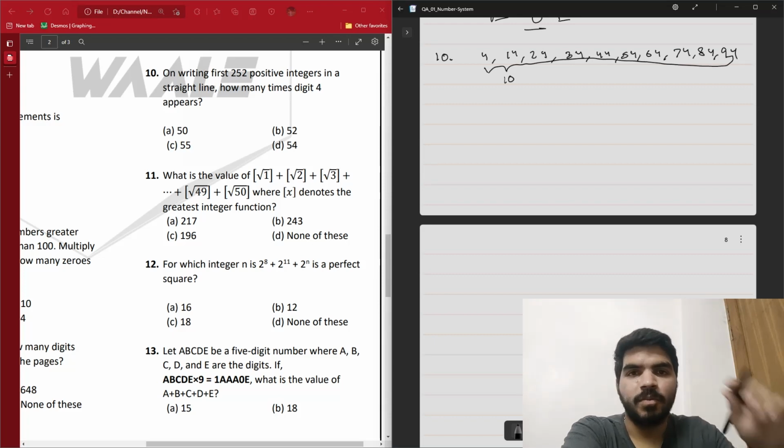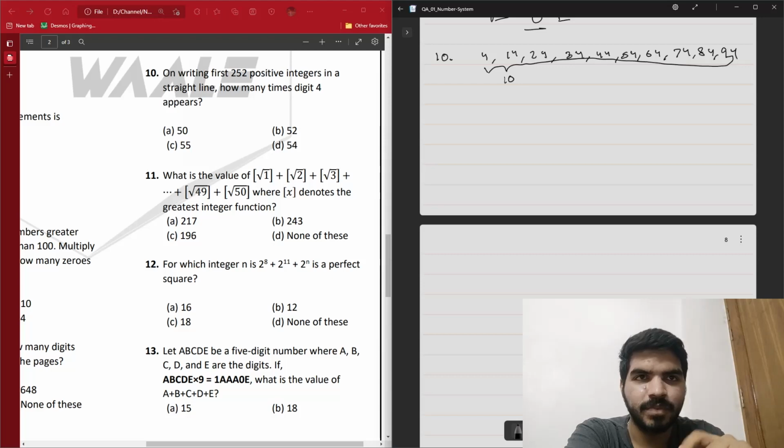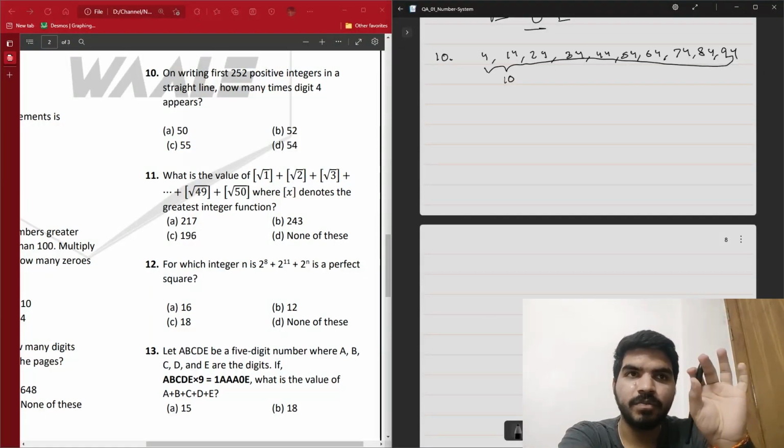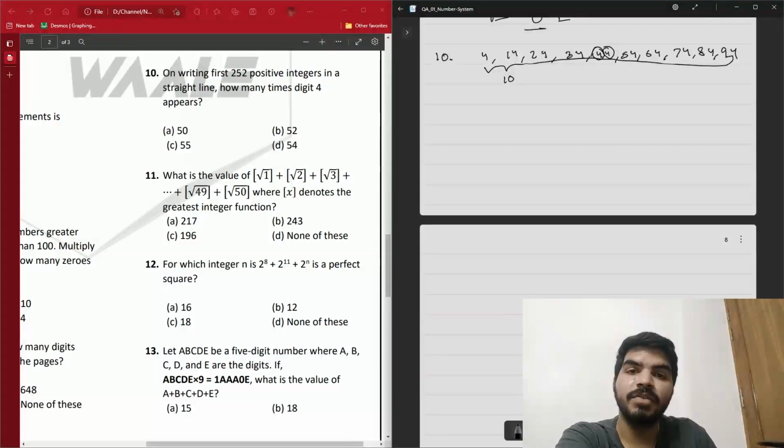Starting from 40 to 49, you have 10 numbers as well. So 10 are here, and you'll say we have 44 as well. Ignore that 44 because we are counting 44 once. One of them we included in these 10 which we have already written. That means this part we already considered with the others. We are not considering this part, this 4 in the 10th place. The 10th place we will consider when we are counting the 10th place.